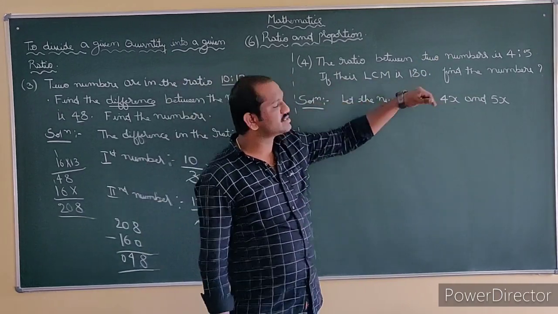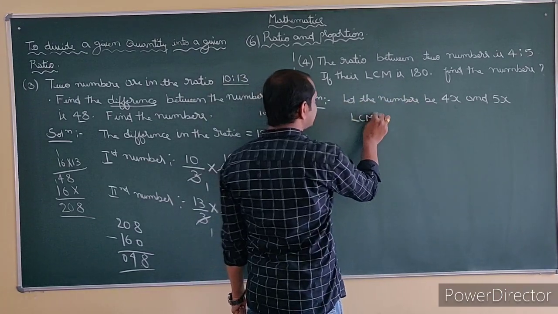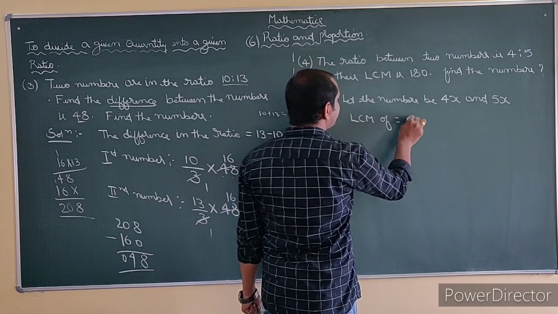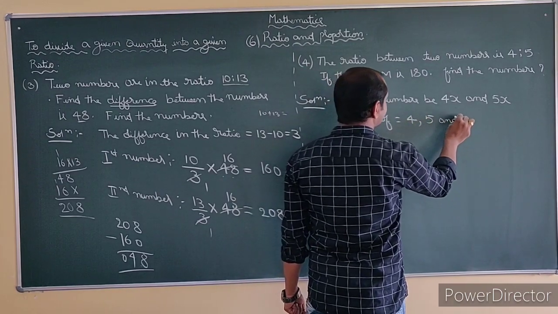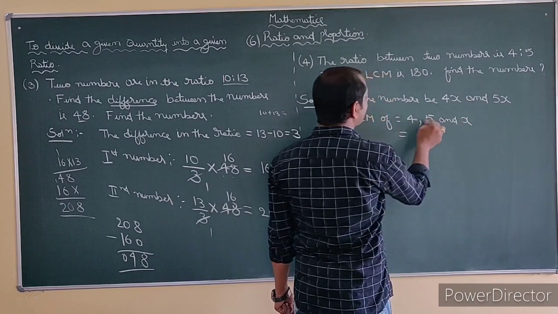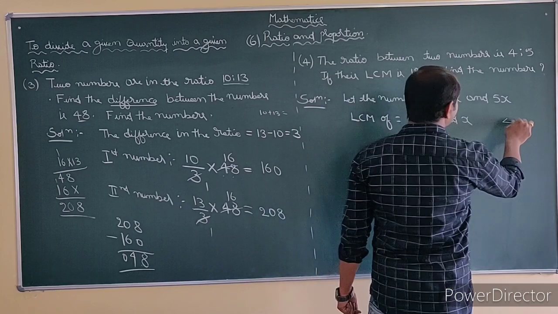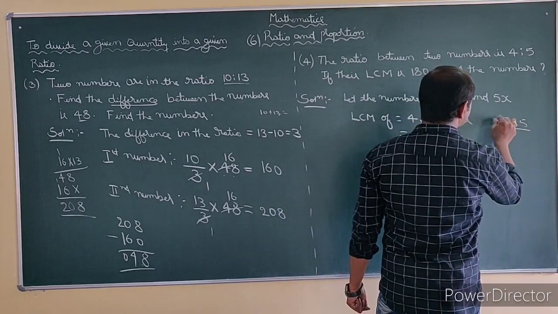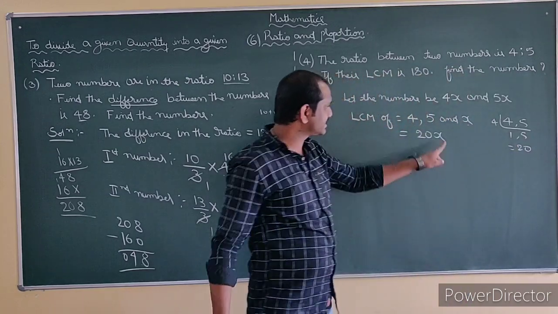If the LCM is 180, first let us find the LCM of 4x and 5x. The LCM of 4 and 5 is 20, and along with that x is there.